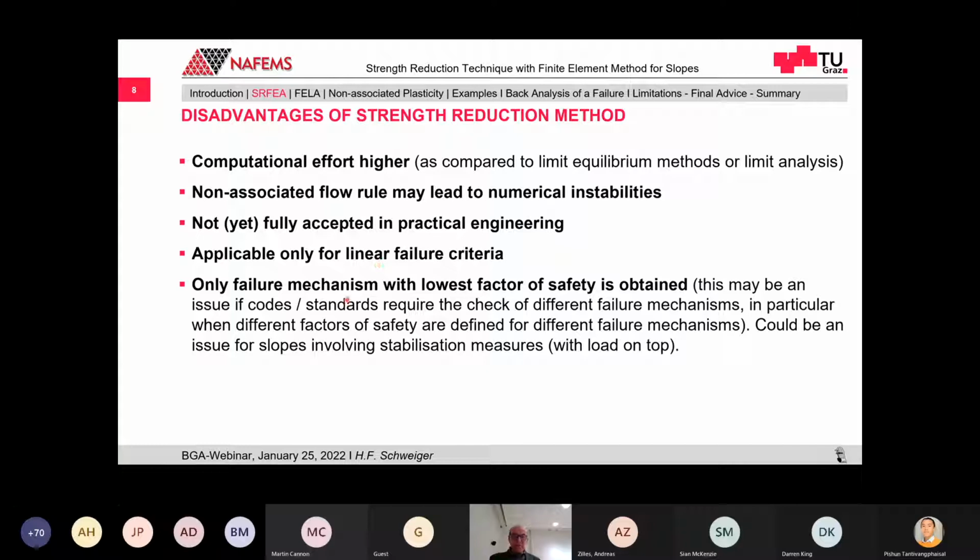And then there is something which is not important for simple slopes, but if you do a strength reduction technique for a more complex situation, now let's assume you have some stabilization measures in your slope and you have a load on top, etc. Then the strength reduction technique will give you only the failure with the lowest factor of safety.